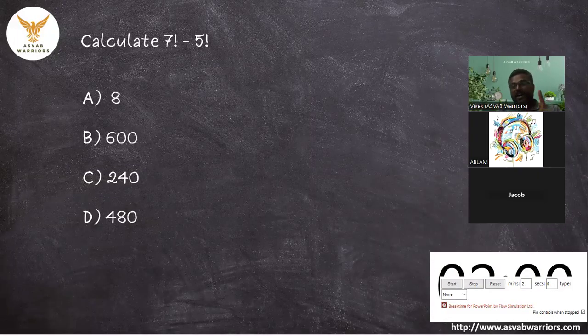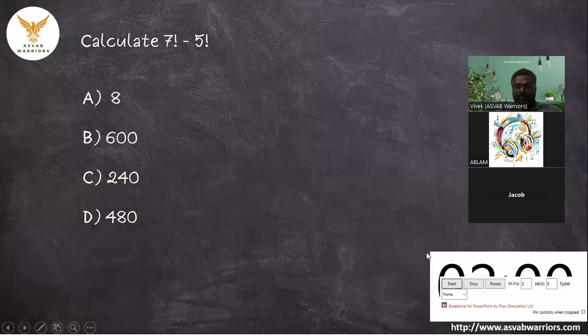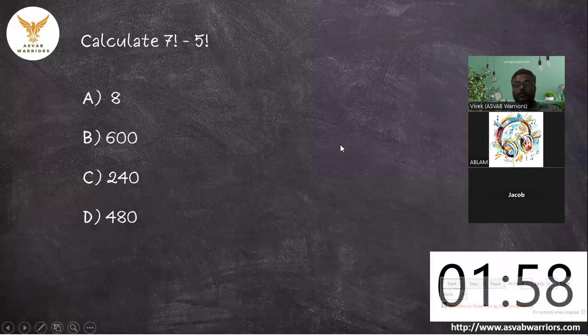Now here you go. Your time starts now. Factorial of 7 minus factorial of 5.